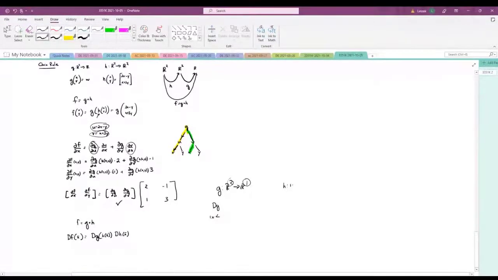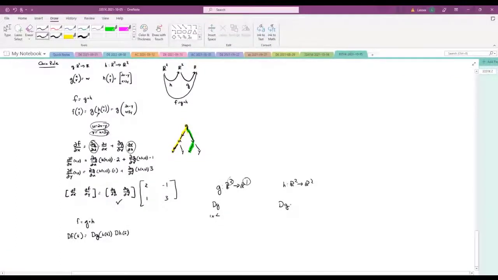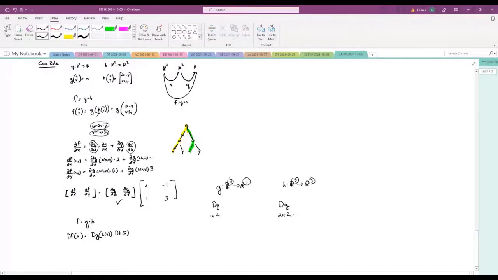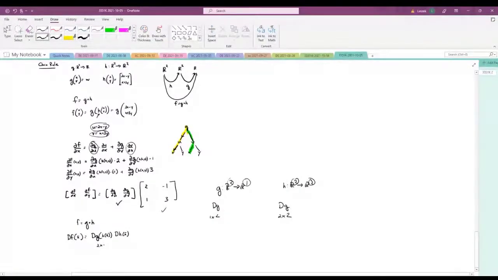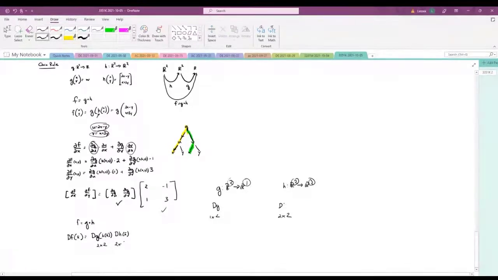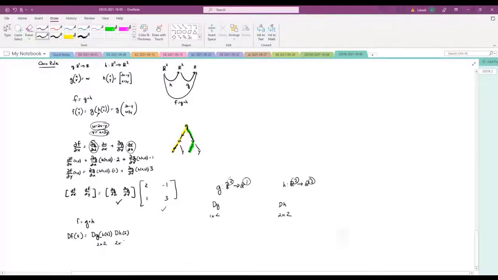Now, h is a function from R2 to R2, so its Jacobi matrix is going to be a 2 by 2 matrix. Sorry, I'm going to start over. The derivative of h is a 2 by 2 matrix.